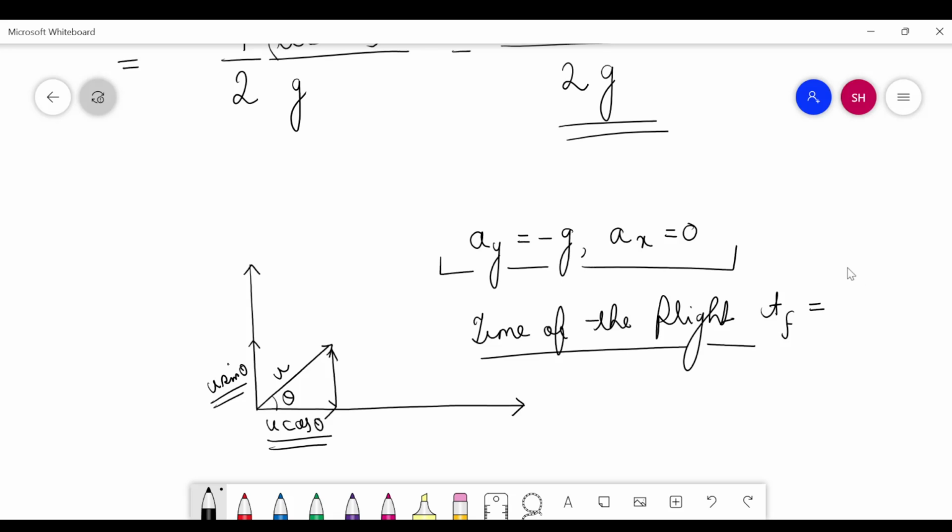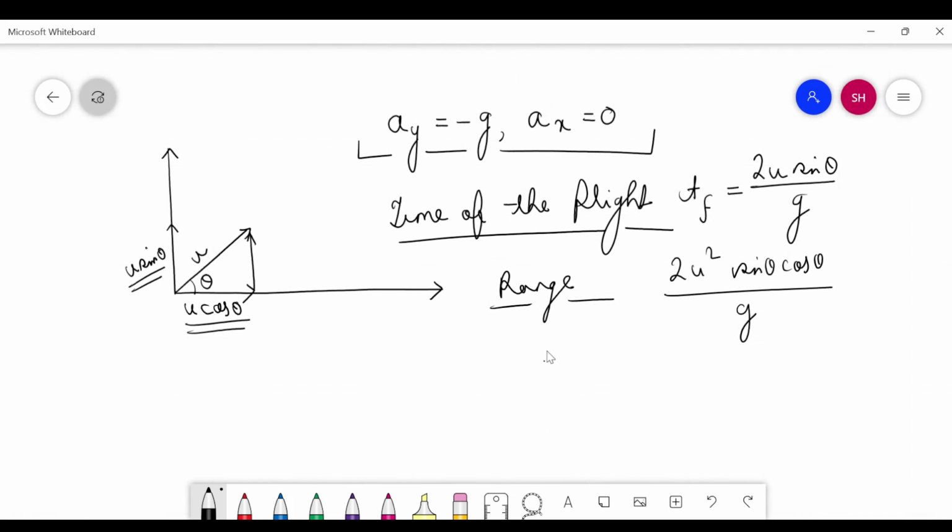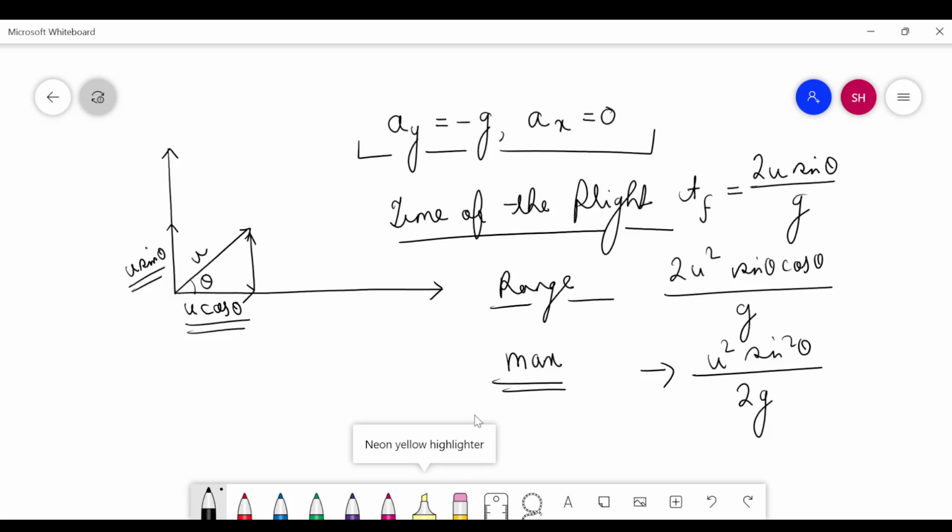TF we have found to be 2u sin theta divided by g, and the range we have calculated to be 2u square sin theta cos theta divided by g, and the maximum height the projectile will reach is given as u square sin square theta divided by 2g.